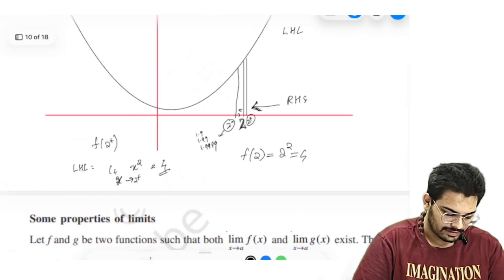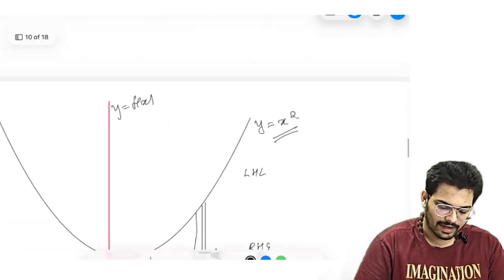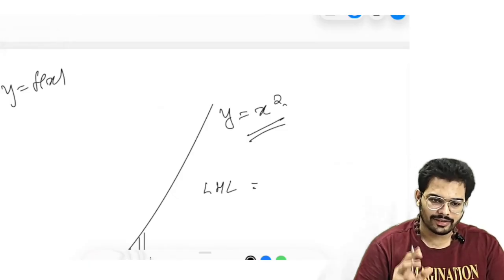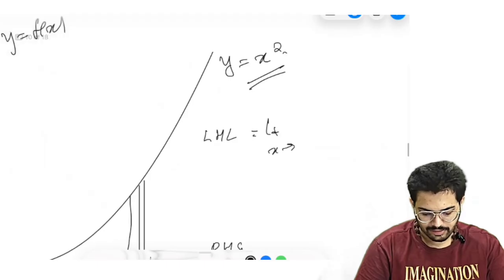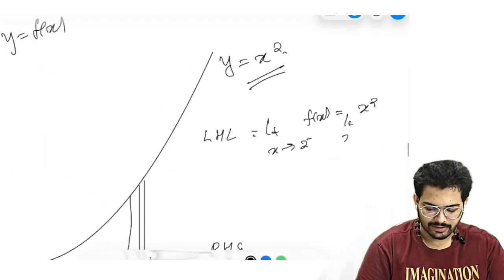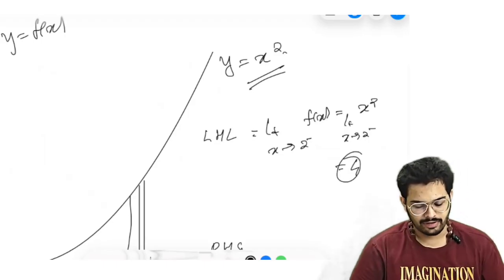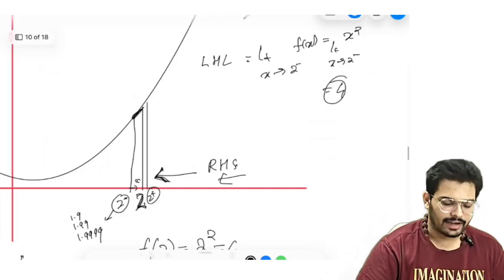This is the right hand limit, sorry, because we are approaching from here. That is the left hand limit. And with the left hand limit, we can find the limit of the function, that is the value the function is approaching. That is limit x tends to 2 minus f of x, that is x square. Limit x tends to 2 minus will be 4. The function is approaching 4. If these values coincide, then our graph will be a continuous graph.